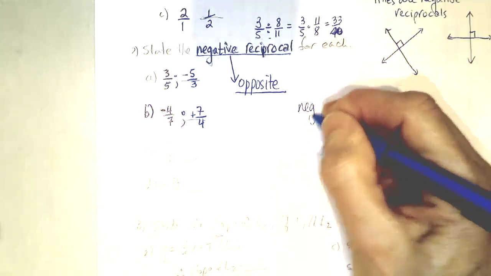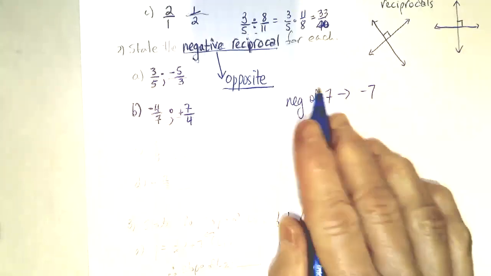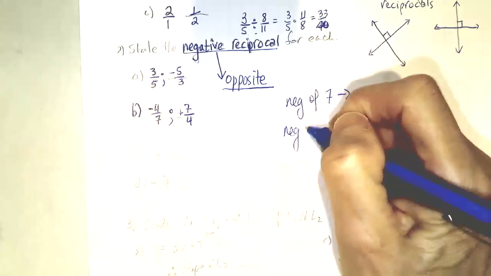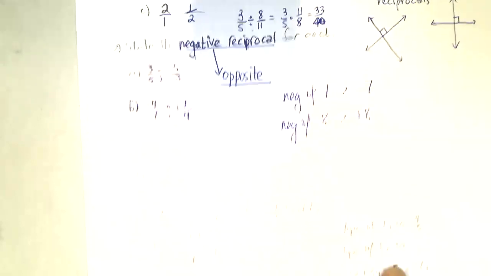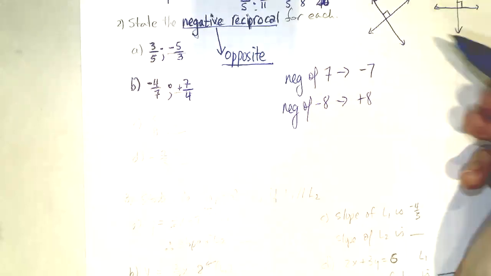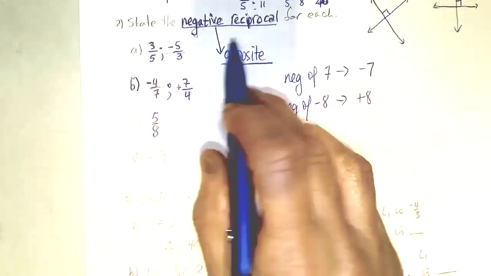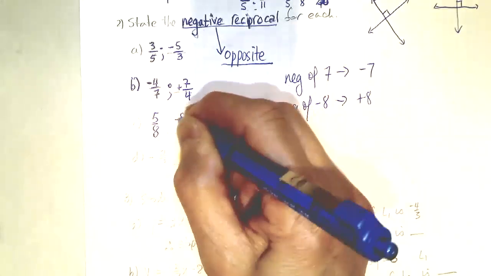The negative of 7 is -7. The opposite of 7 is -7. The negative of -8 is +8. It means the opposite, okay? So when I have 5/8, the negative reciprocal would be negative 8/5, okay?